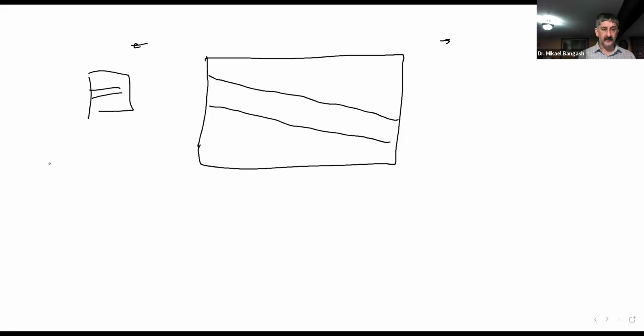What previously was an optimal angle is now not optimal, because now this is the direction of your beam.